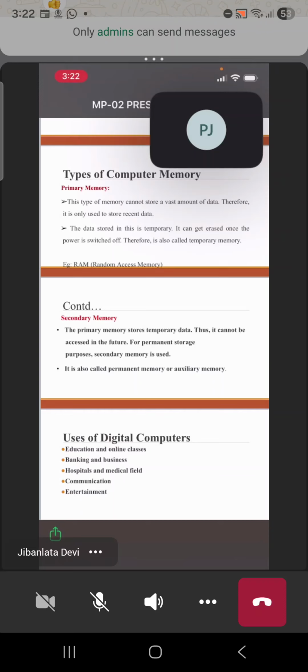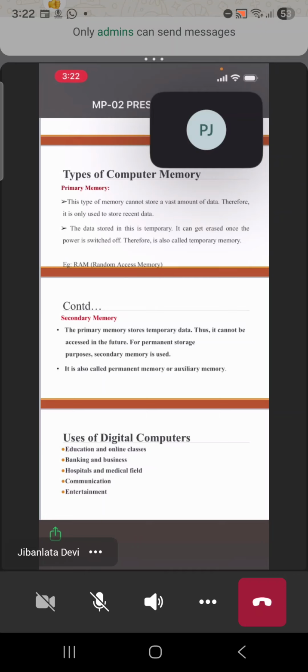The primary memory is a temporary memory, also known as the main memory. This type of memory cannot store a vast amount of data, therefore it is only used to store the recent data.